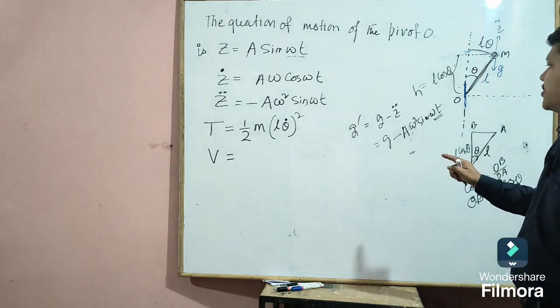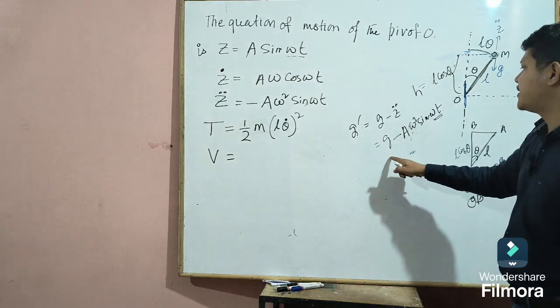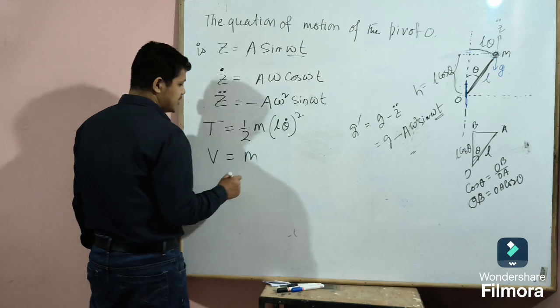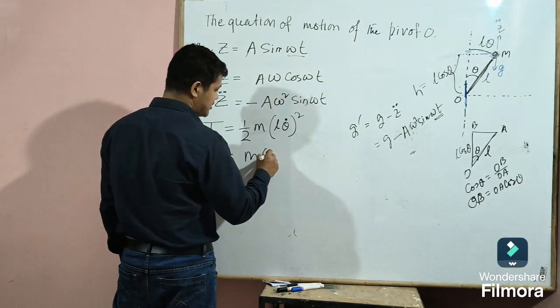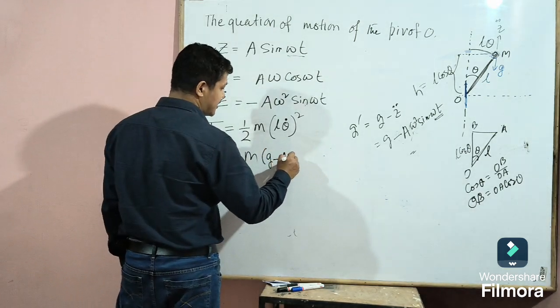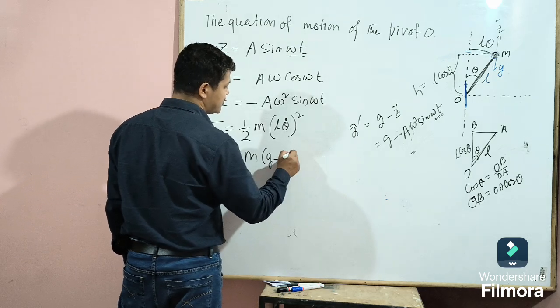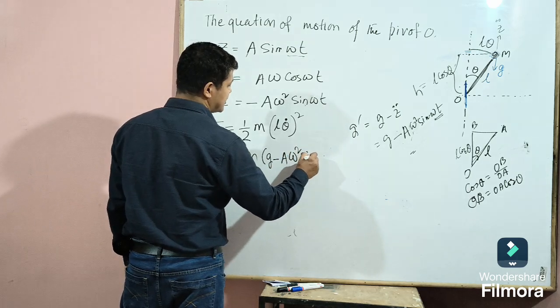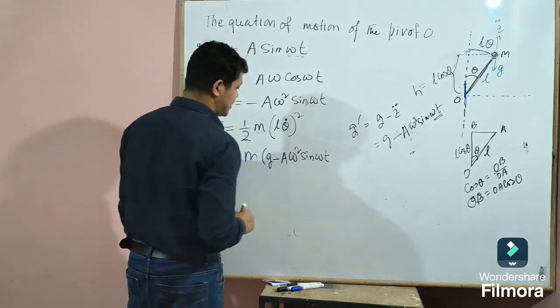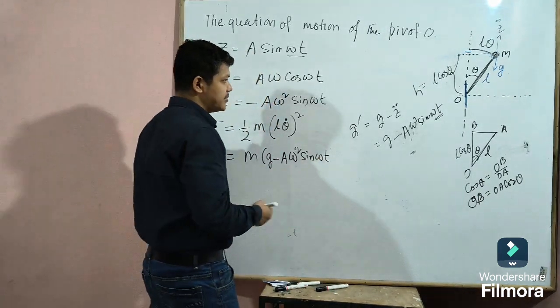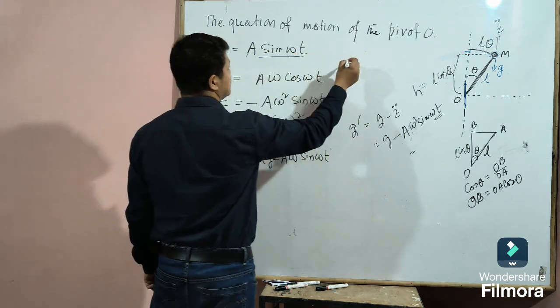So if this is the resultant acceleration, then mass is m, and the resultant acceleration is z minus a omega square sine omega t, right? So now you see that means this is sinusoidal, right?